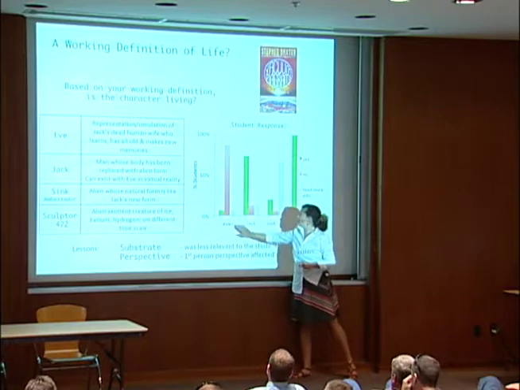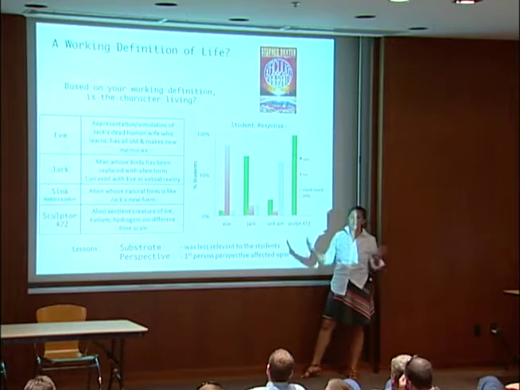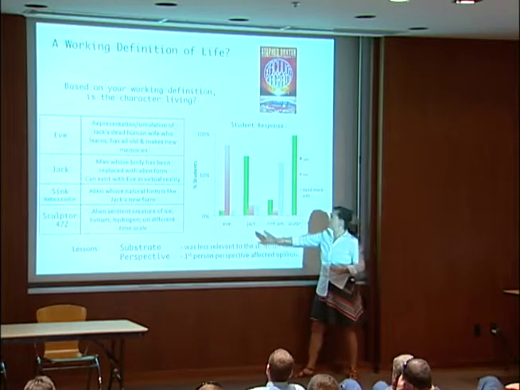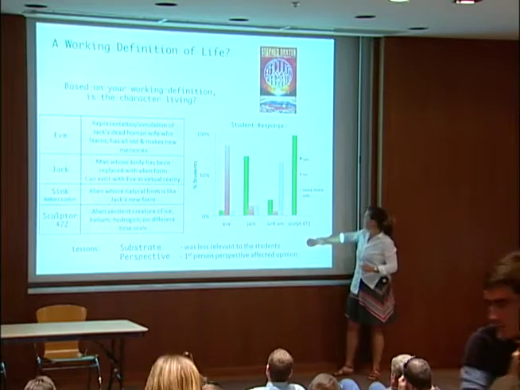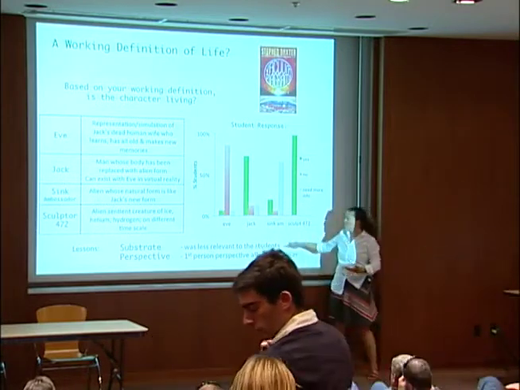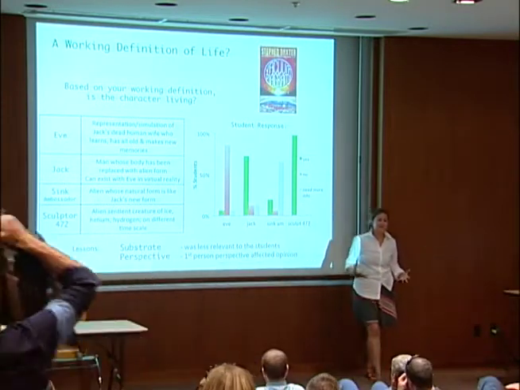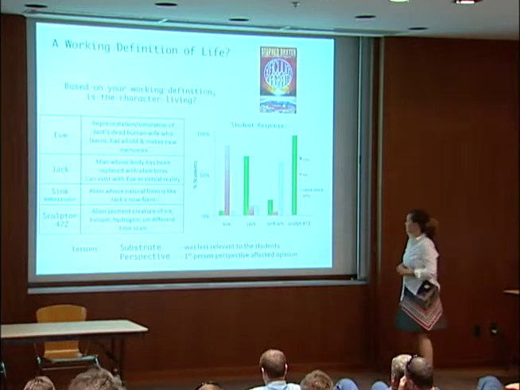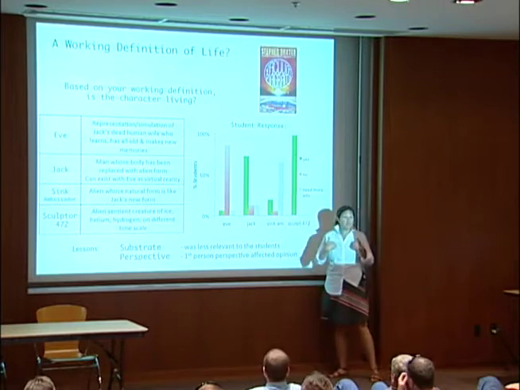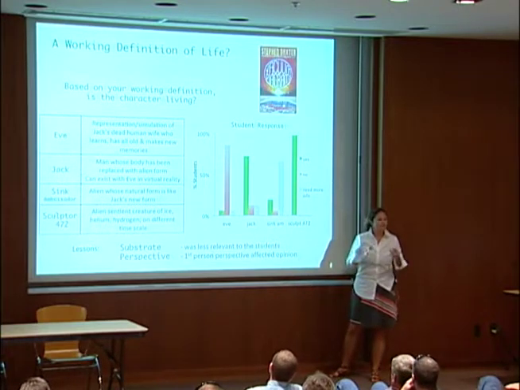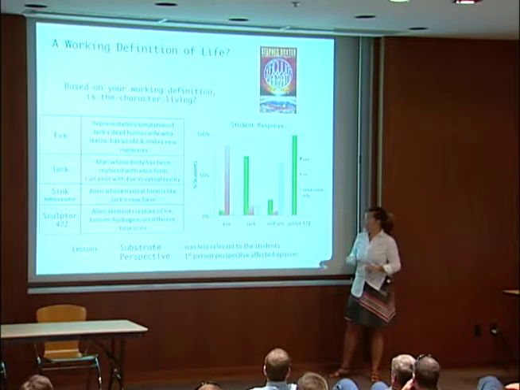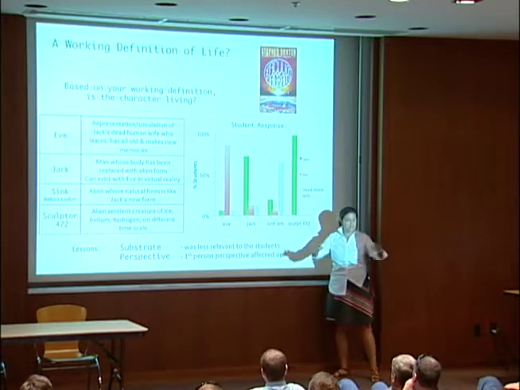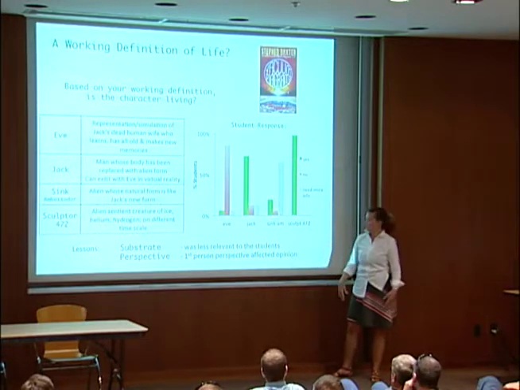Eve, who Jack can coexist with, they're not feeling so good about Eve. And Sculptor 472, who's in this very strange physical substrate, doesn't matter, definitely alive, right? Even though the humans, if we just encountered it, wouldn't in all likelihood recognize it as alive. They look like these trees of ice, okay?